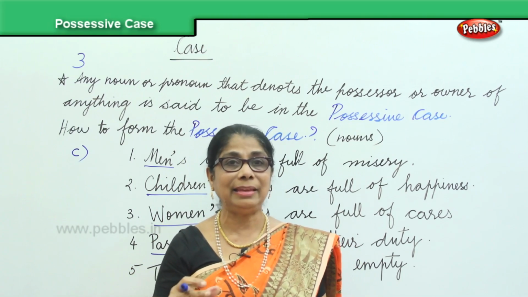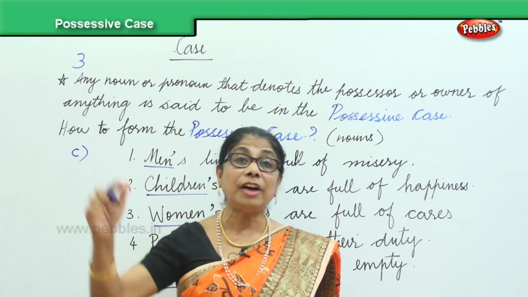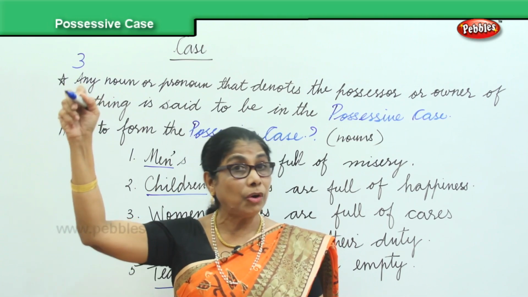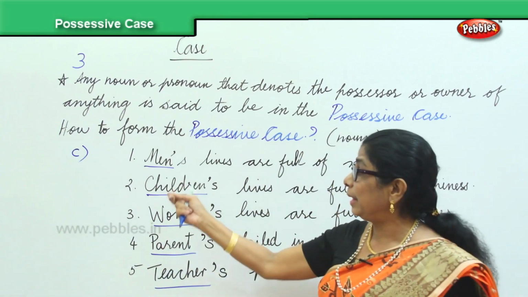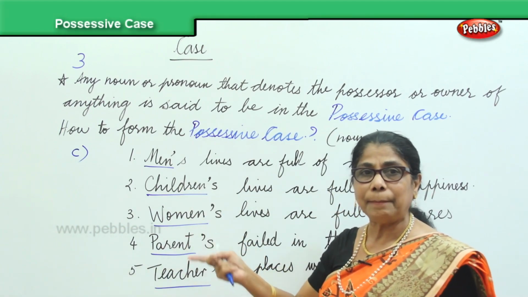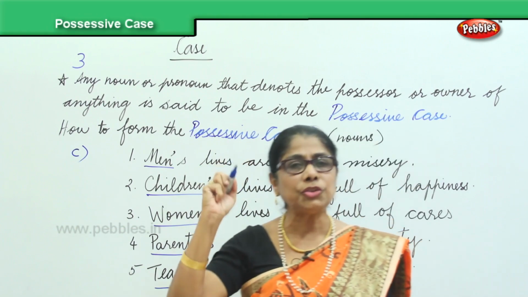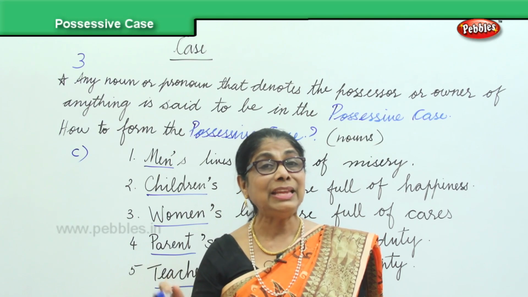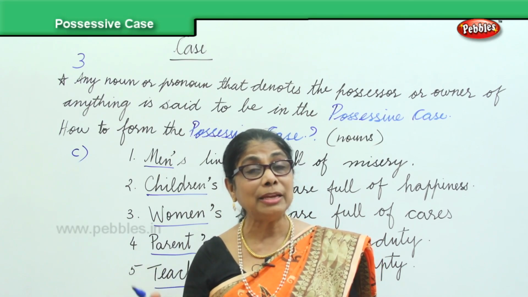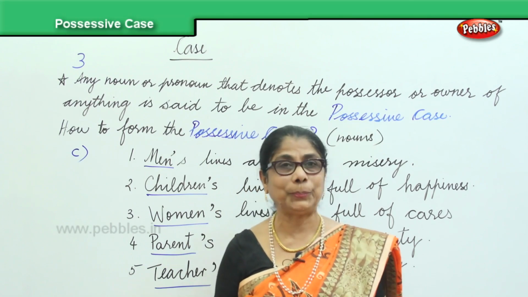If many girls lose their boxes, many girls, after the girls, you put the apostrophe. In these plural forms, like the men and children and women and parents and teachers, you put the apostrophe after the plural followed by S. So, three ways of forming possessive case. That's what we've learned now.